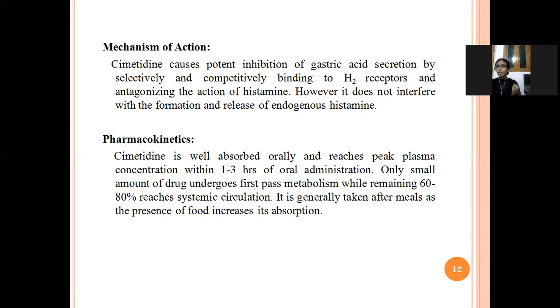So, in order to get better absorption, the drug should be taken with food. The oral route of administration has good absorption, and it undergoes first pass metabolism and easily reaches the systemic circulation in less time, and this drug should be taken after meals for better absorption.